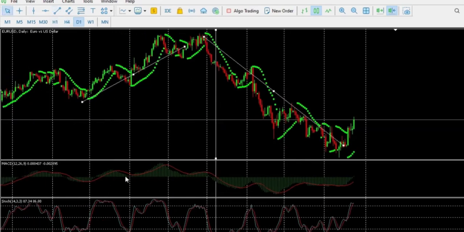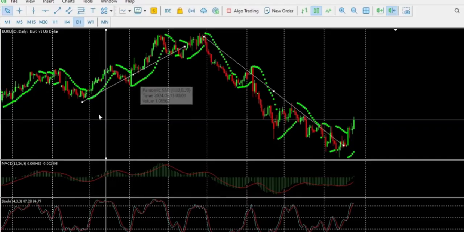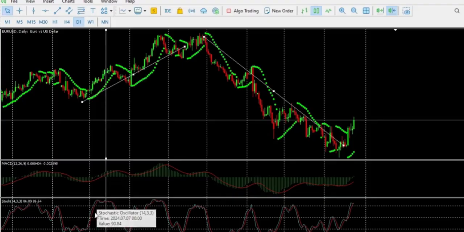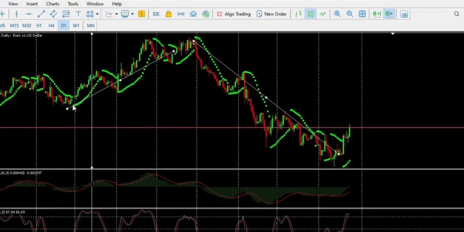Once we notice the histogram on the MACD start printing at the top of the market, that tells you that you are on a bullish market. Also, the stochastic oscillator is going to be above the 50 mark, and the Parabolic SAR is going to be printing below the price in a rising form. So very simple. That's it.